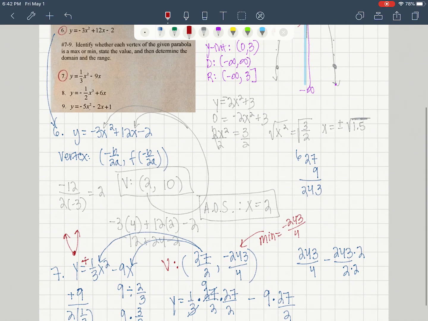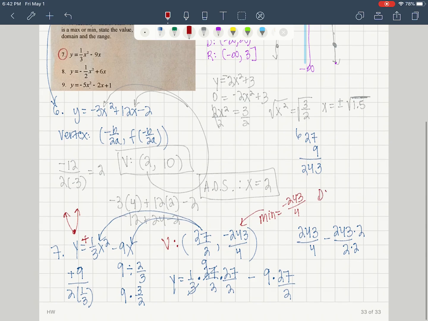The domain is always negative infinity to positive infinity on the quadratics, and the range is going to be negative infinity. Nope, so sorry. This is a minimum, right? So I'm going to have a minimum, comma, infinity. So the minimum value is negative 243 over 4, and that goes to infinity.